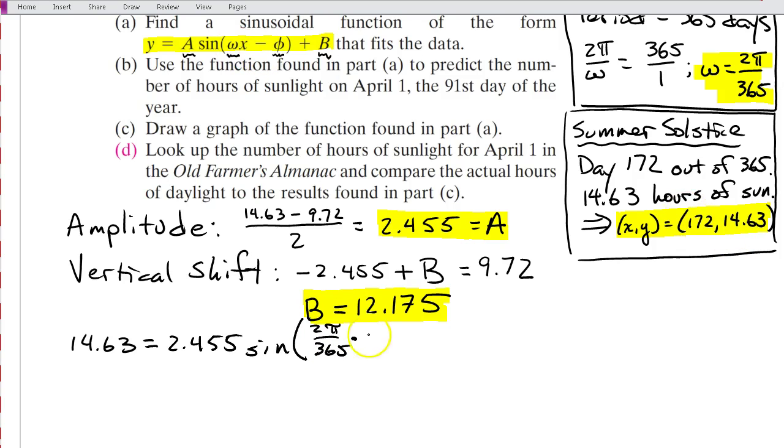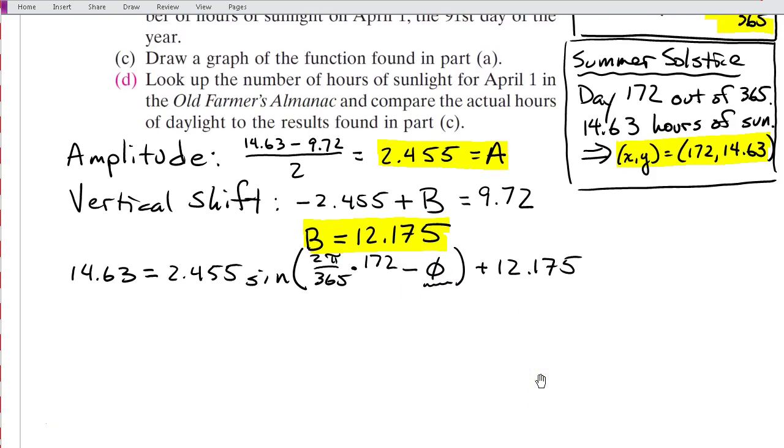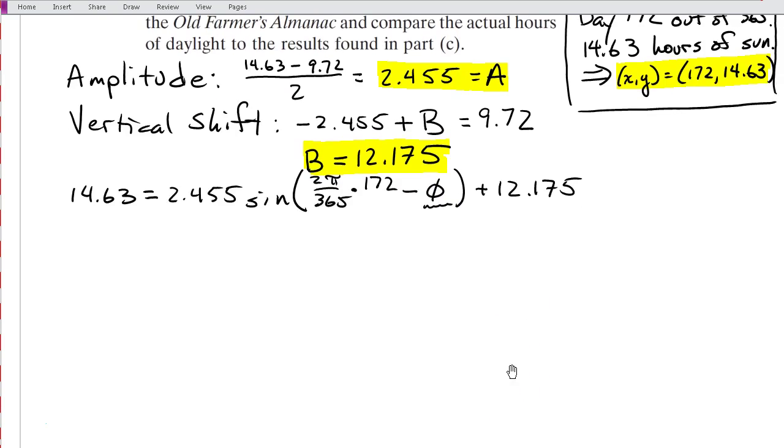The x value is 172, minus phi, and then plus our B value, so that's plus 12.175. Okay, and now what I need to do is solve for this value in here, and it looks a little scary, but it's not really.